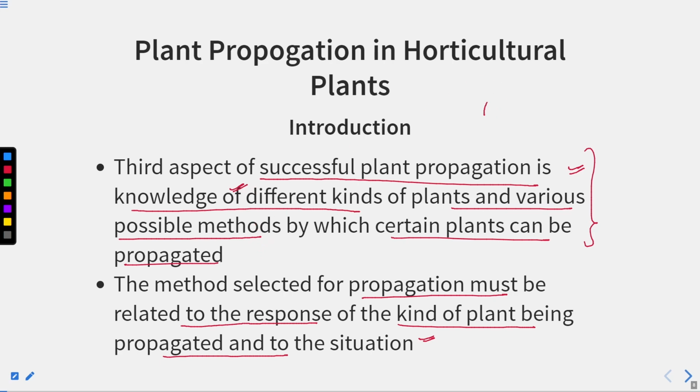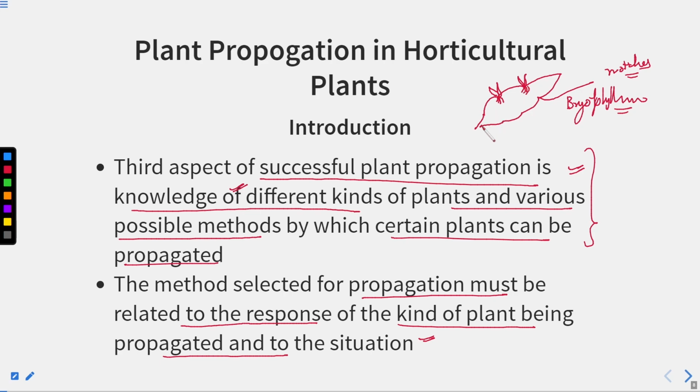So if a plant grows with the help of leaves, for example, the bryophyllum plant, right? So we all know the bryophyllum plant. This is the leaf of the bryophyllum plant, and there are some notches present on the leaf, and from here the new plant emerges out, right?